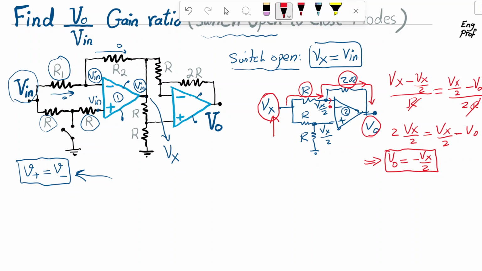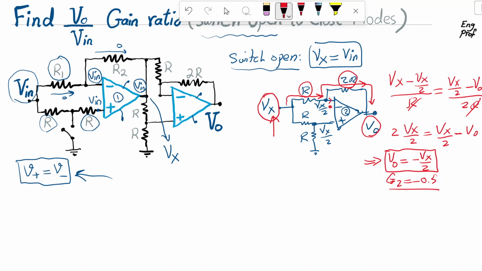Basically, the second op amp, with the kind of circuit that is around it, realizes just a gain of minus 1 over 2. So just have that in mind, that the gain of the second op amp is just minus 0.5, effectively voltage gain. Let me just write it here. So the gain of the second op amp is negative 0.5.